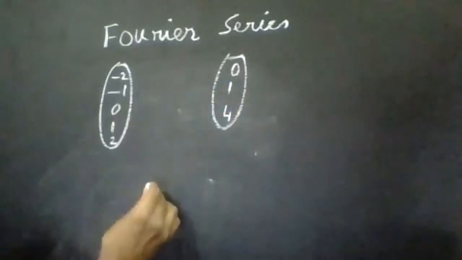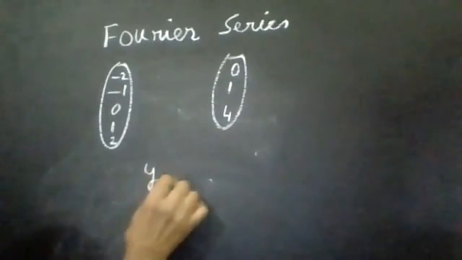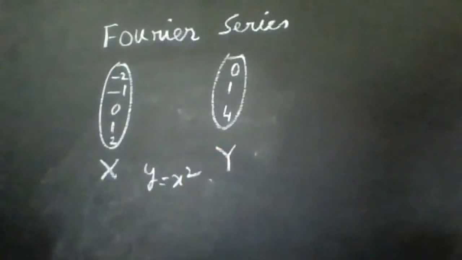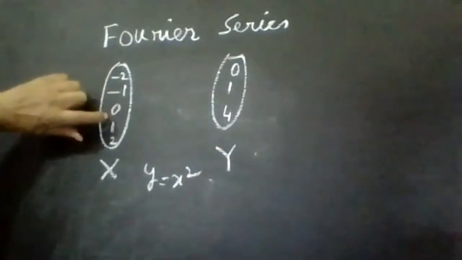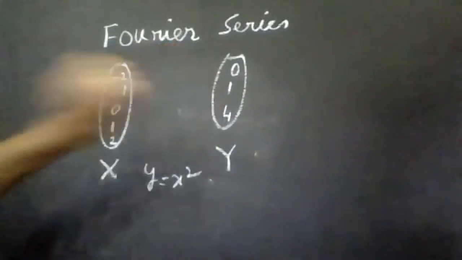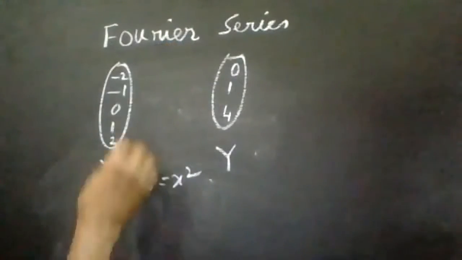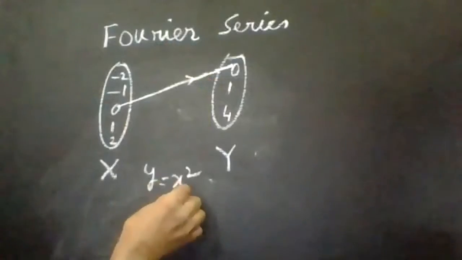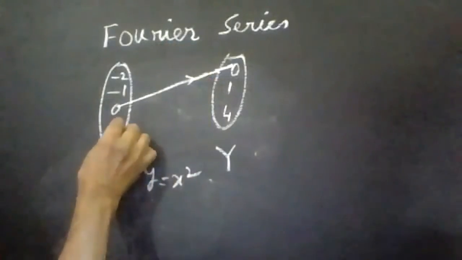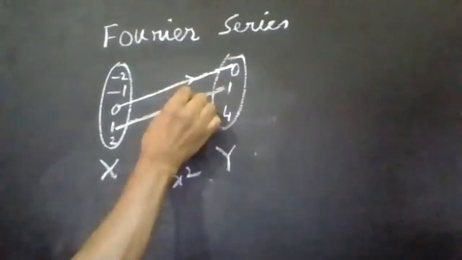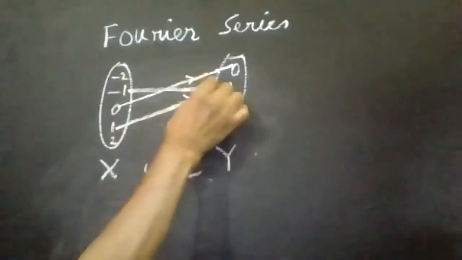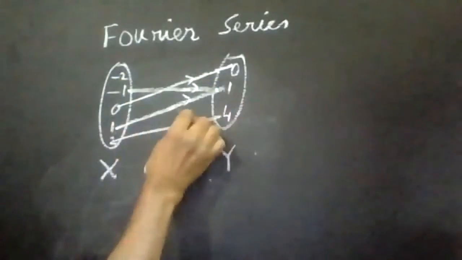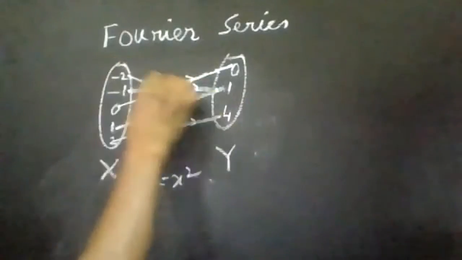Now the link is y equals x square. This is capital X set, this is capital Y set. All the elements are small x, all the elements are small y. Therefore 0 is linked to 0 because y equals x square. 1 is linked to 1. -1 is also linked to 1. 2 is linked to 4. -2 is linked to 4.